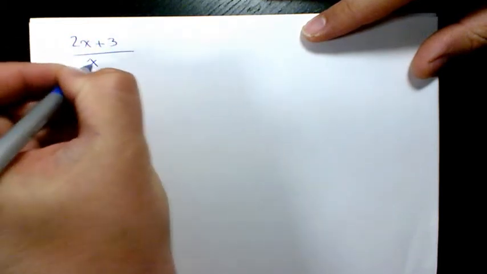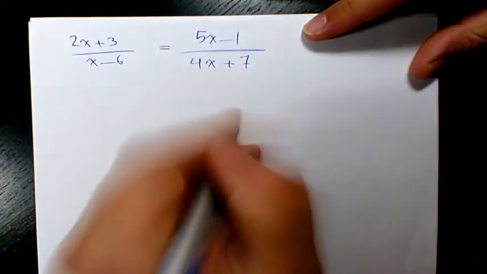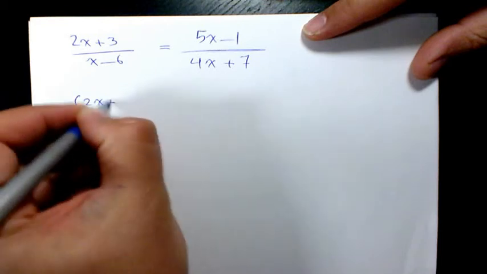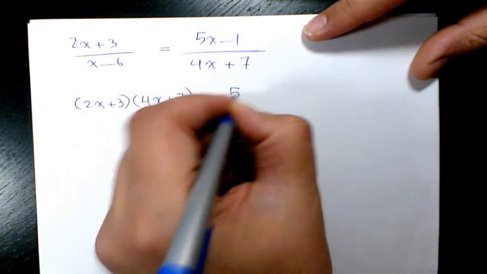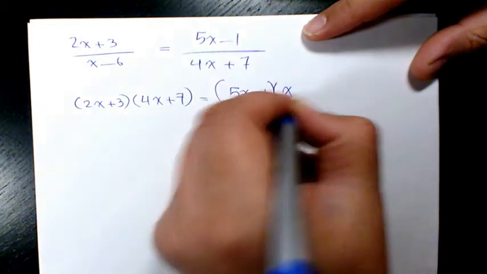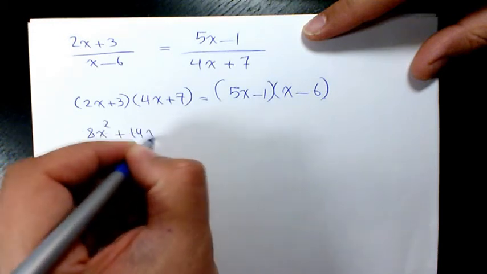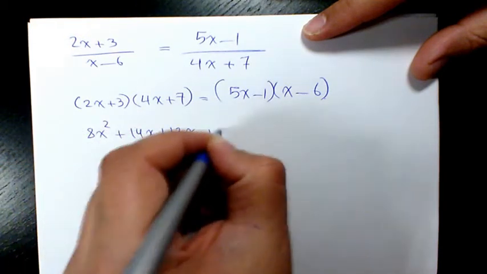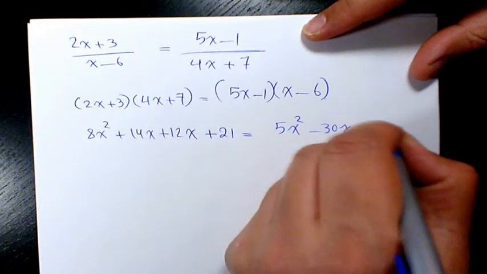Okay, let's have the last example. (2x plus 3) over (x minus 6) equals (5x minus 1) over (4x plus 7). Cross multiply: (2x plus 3)(4x plus 7) equals (5x minus 1)(x minus 6). So we have 8x squared plus 14x plus 12x plus 21 equals 5x squared minus 30x minus x plus 6.